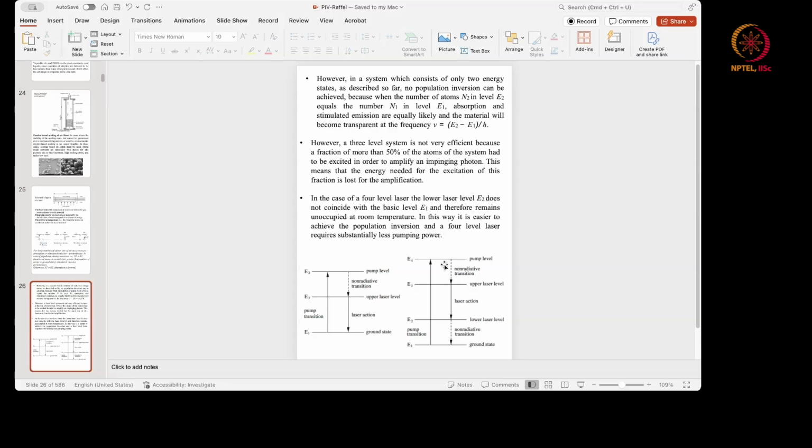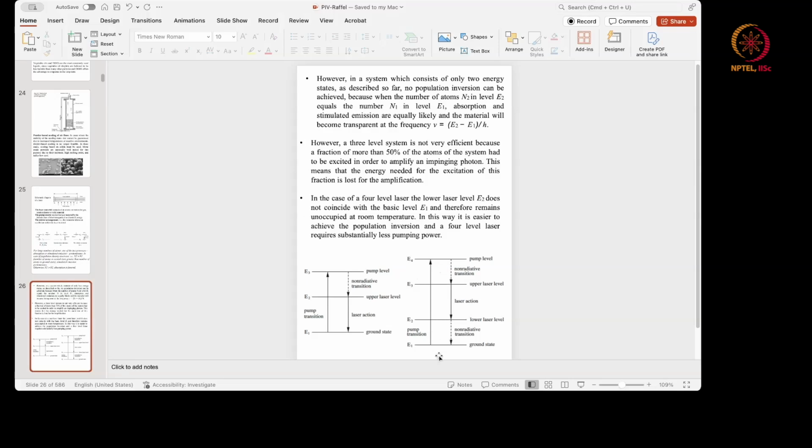So in this case, people go to a four-level laser system in which the lowest level, E2, does not coincide with the ground level. You see the lasing actually happens between E3 and E2. In this way, it is easier to achieve a population inversion, and a four-level laser system requires substantially less pumping power.